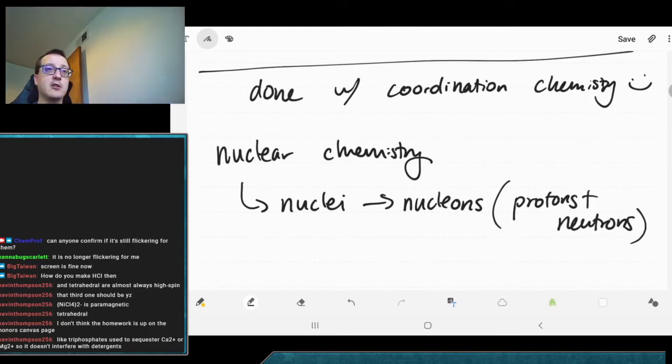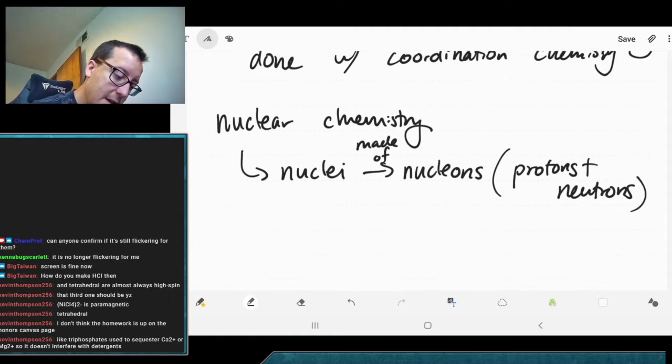So nucleons is a term that encapsulates both protons and neutrons. Nuclei, of course, just refer to the plural of the nucleus of the atom. So your nuclei are made of nucleons. Very good stuff. So we're going to, of course, do some vocabulary first.